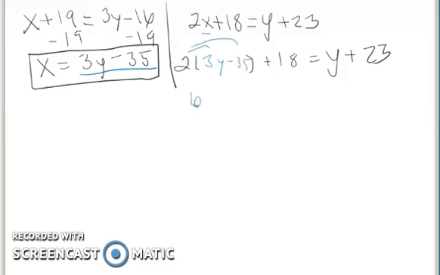Distribute, we get 6y minus 70 plus 18 equals y plus 23. Negative 70 and 18 is going to give us a negative 52.